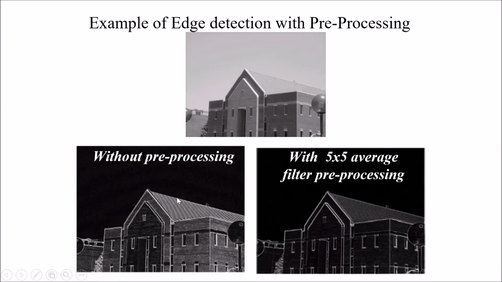However, without pre-processing, you will highlight most of the highly cluttered region. So the aim of edge detection is that we just want to find the most tangible edges from the image, so that this can be utilized later on in higher level processing.